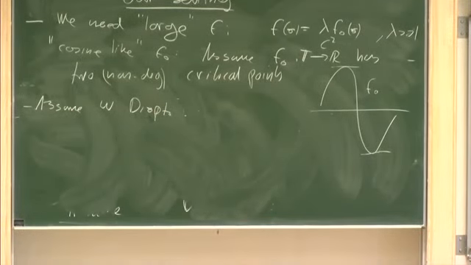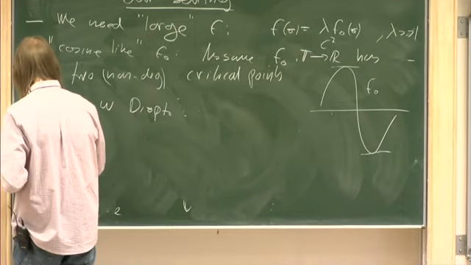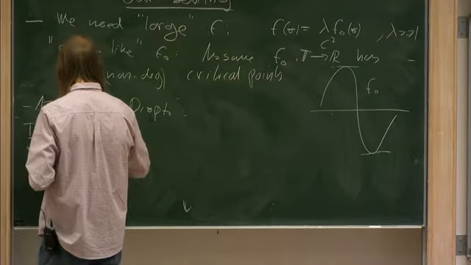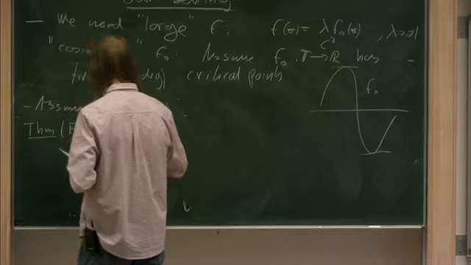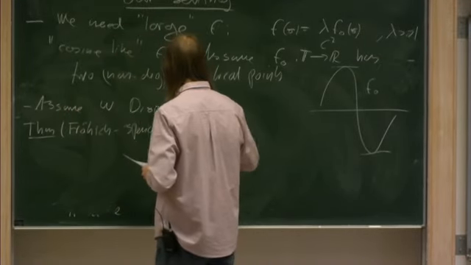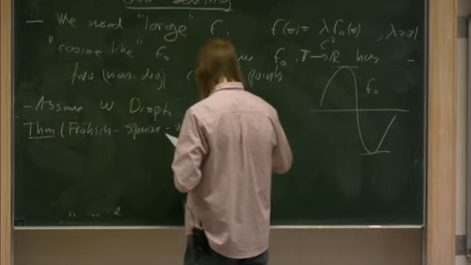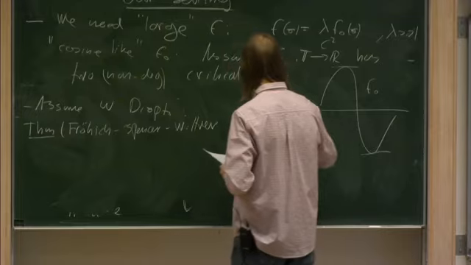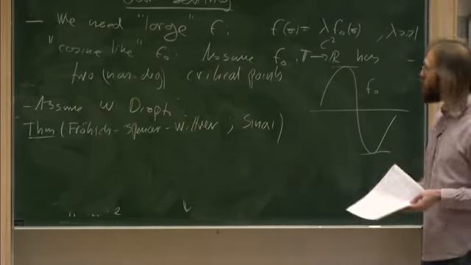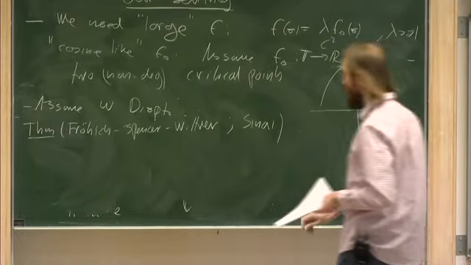And this model has been studied by several people. So let me summarize it in one theorem. So this is by Fröhlich, Spencer, and Wittwer, and independently Sinai. And they looked at the Schrödinger operator under these assumptions.